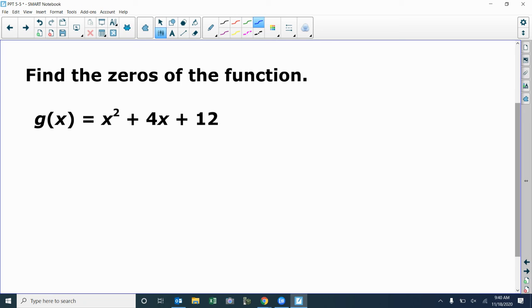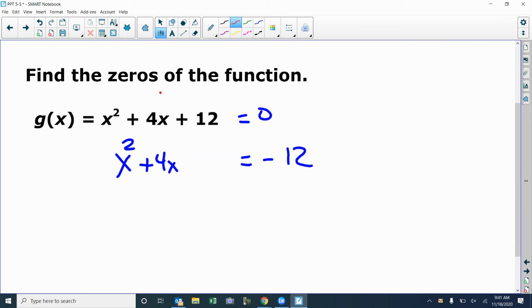Complete the square, set it equal to 0, complete the square. Get the x squared and 4x on one side, and take the 12 to the other side, becomes negative.